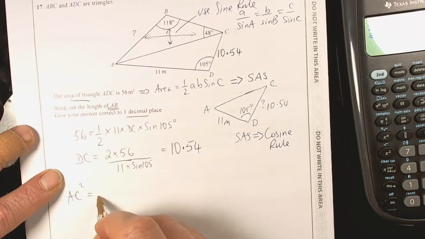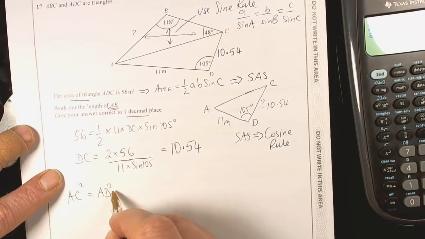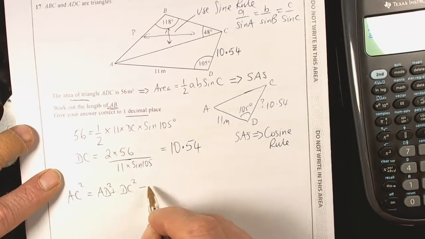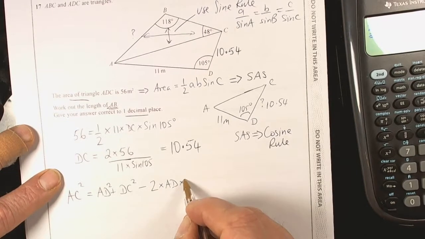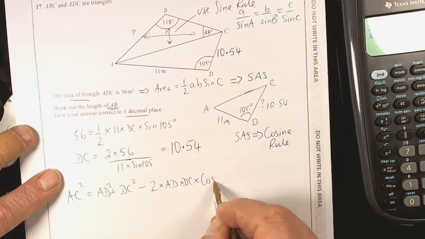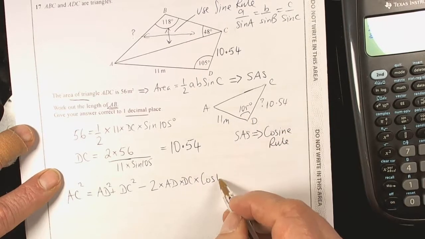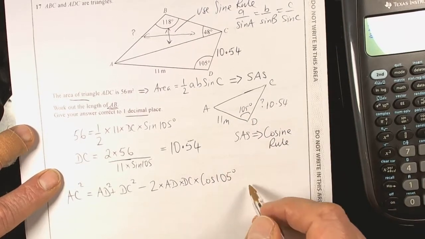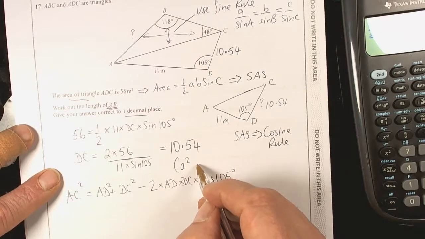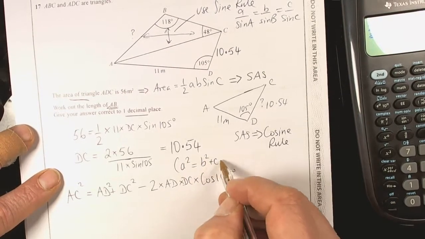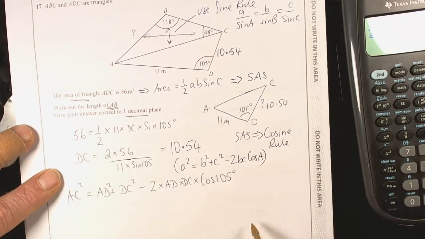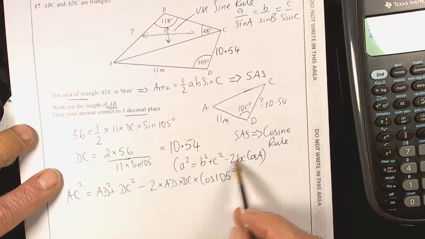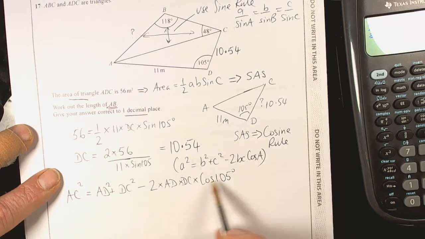And it's going to be equal to the length of AD squared plus the length of DC squared, take away 2 times the length of AD times the length of DC times the cosine of the angle between the 2 lengths, so in this case 105 degrees. So just remember the cosine rule, so a squared equals b squared plus c squared minus 2bc cos of big A, the angle. So just using that as our background, then we can fill in the information.